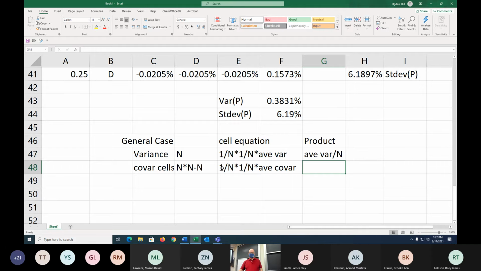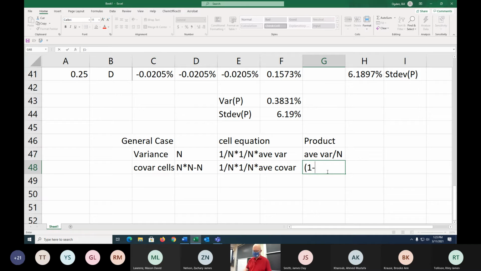So 1 over N squared times N squared, the first term just comes out 1, doesn't it? And then we're minus N divided by N squared.